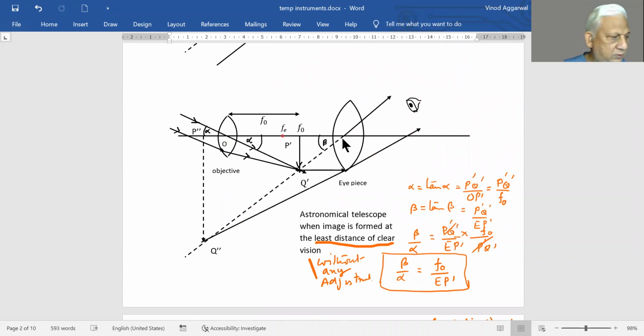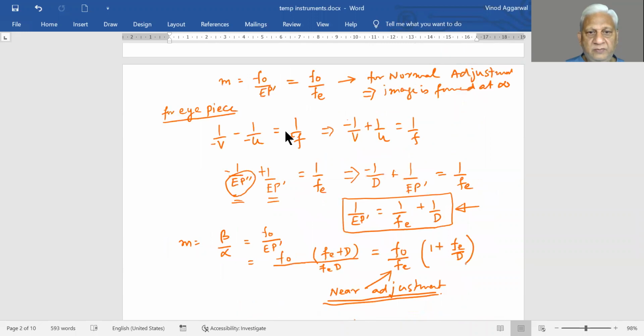now if this FO or this point P is made to coincide with this focal point, then the rays will become parallel. So this will be the case of normal adjustment. So for normal adjustment, our P dash E will be nothing but focal length of eyepiece.